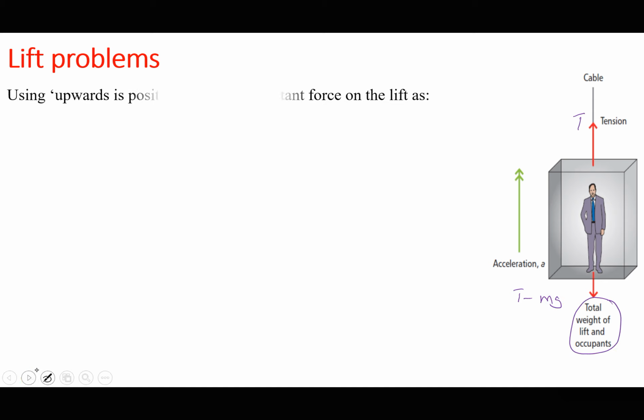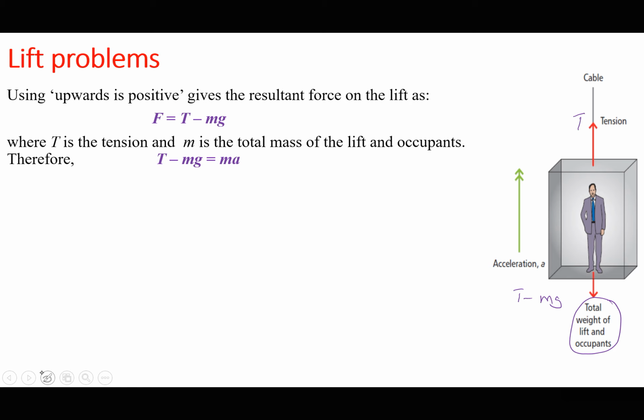So using upwards as positive gives the resultant force on the lift as F equals T minus mg, where T is the tension in the cable and m is the total mass of the lift and its occupants.